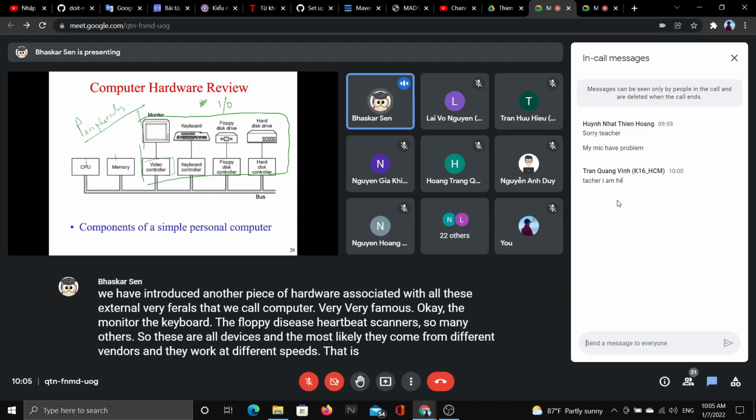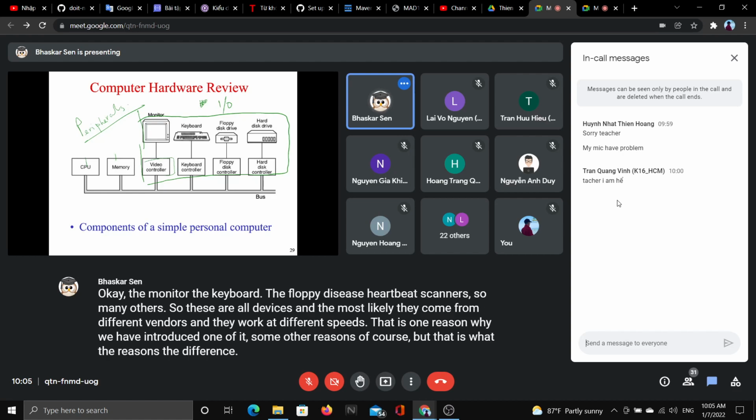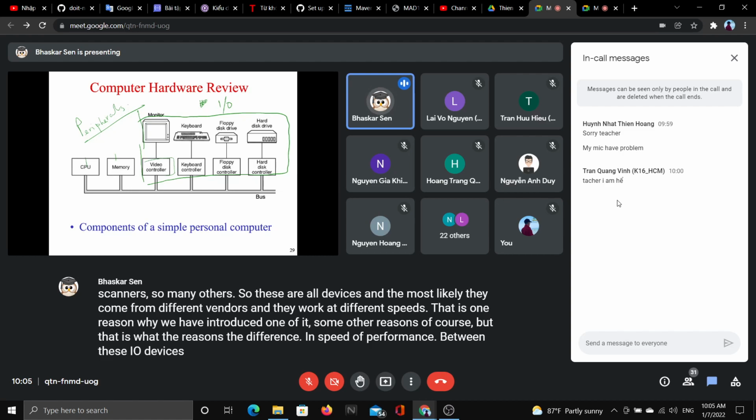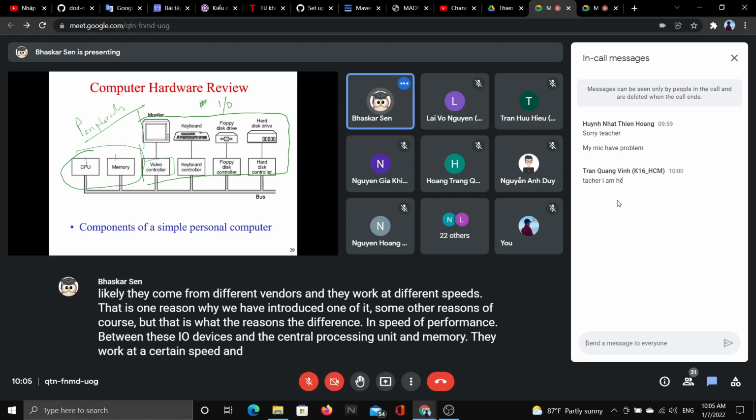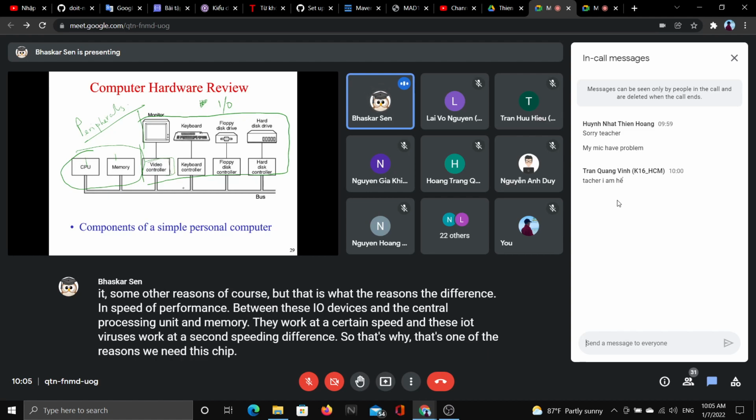That is one of the reasons, among others, for the difference in speed between these I/O devices and the central processing unit and memory. So that's one of the reasons we need this chip. These chips are called controllers.